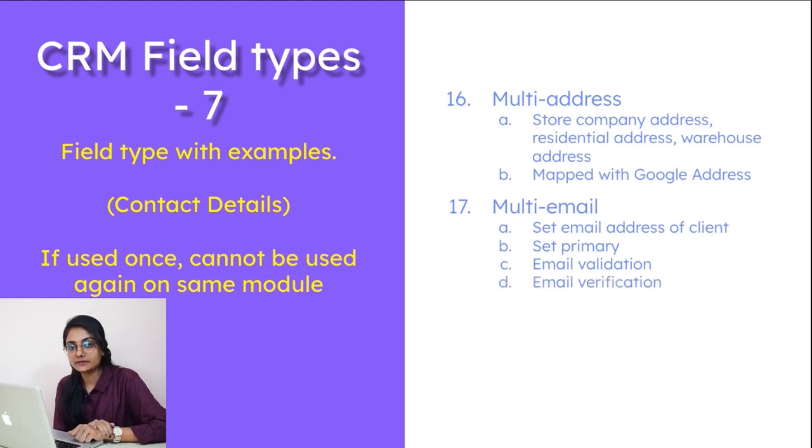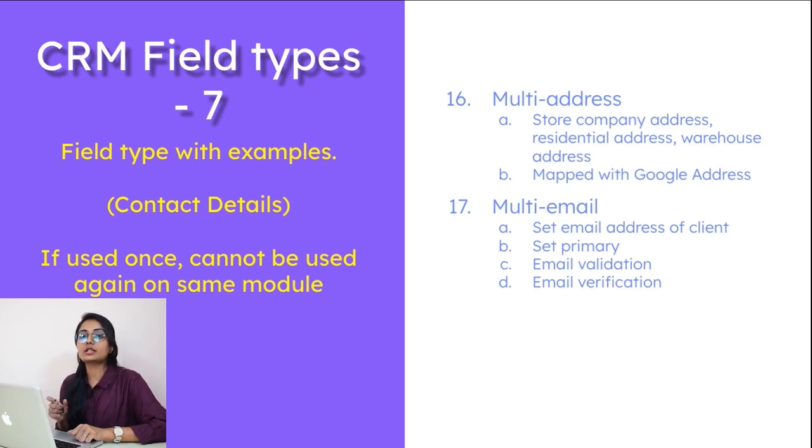Next is email verification. Now, verification is different from validation. When we say validation, it only checks the syntax: whether the input being provided is in a format which I can accept as an email address.